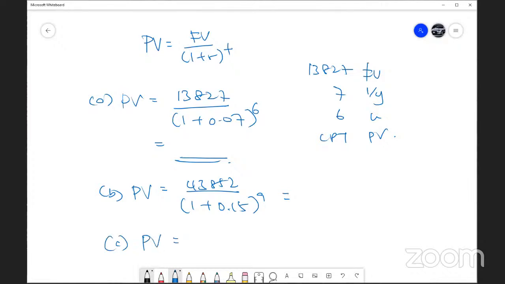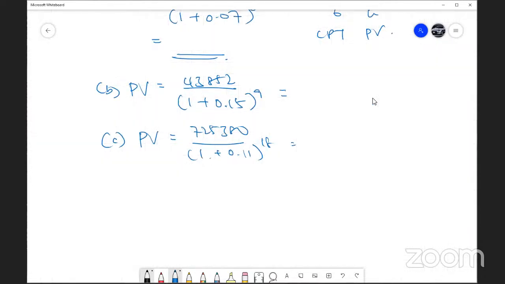PV equals to 725,380 over 1 plus 0.11 power of 18. Lastly, PV equals to 590,710 over 1 plus 0.18 power of 23.